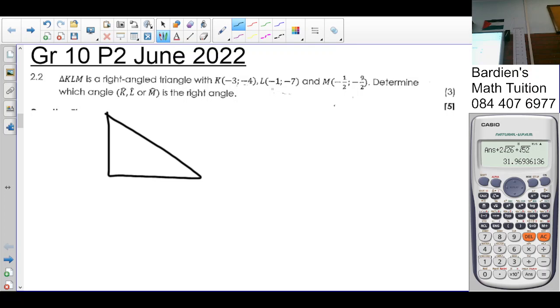So of course the theorem of Pythagoras needs to be applied. Or, but it's going to cost us to calculate the lengths of all three sides. Otherwise I can work out the gradients. If the product of the gradients is -1, then it will result in those lines being perpendicular.